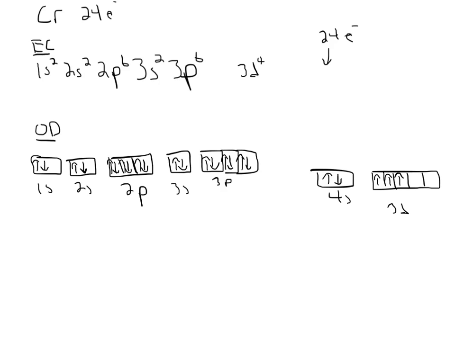Hund's rule says, remember the bus seat rule, we put our 4 electrons that are in the D, we must put them in separate orbitals before we put 2 together.